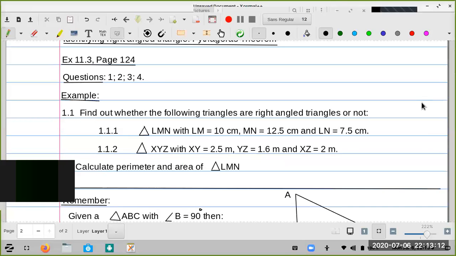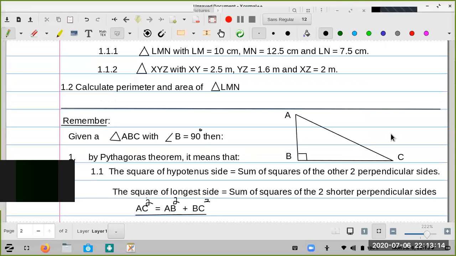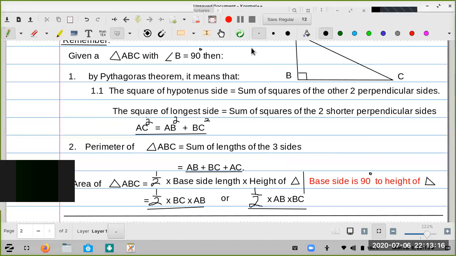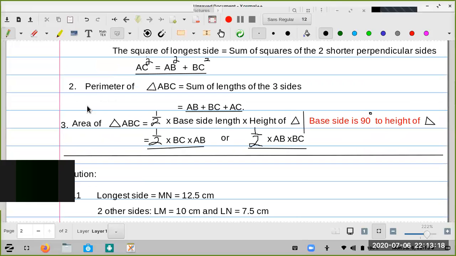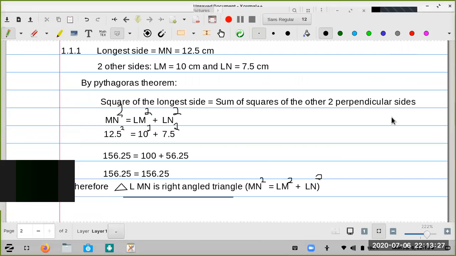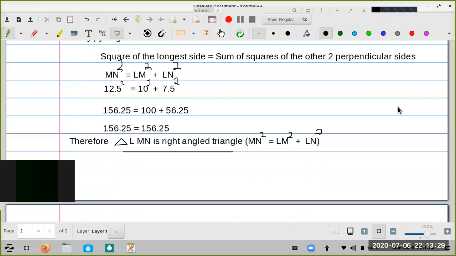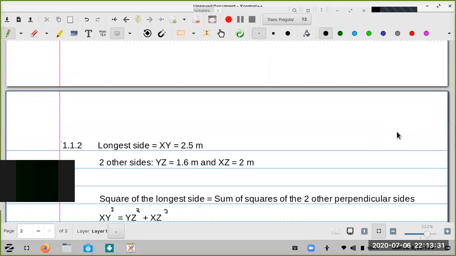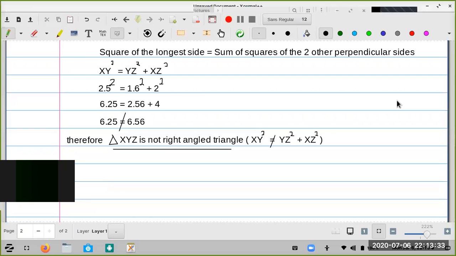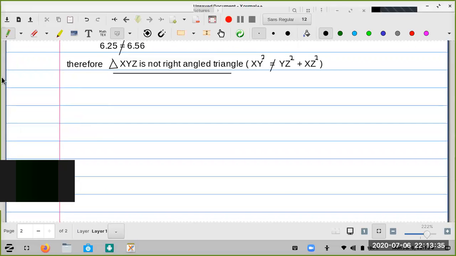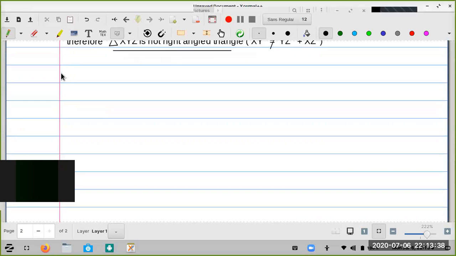By definition, perimeter is equal to the sum of the lengths of the three sides. So we are just going to find the perimeter by using those dimensions. Please note we are making use of triangle LMN.